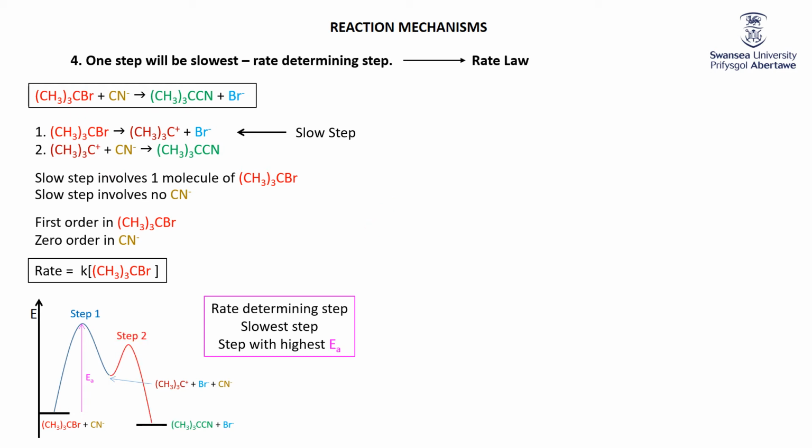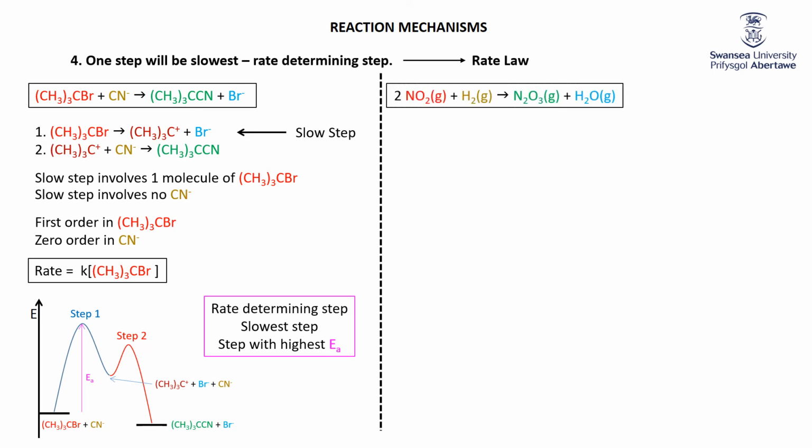So it's a little hump for step two that goes down to the products. But step one, the slow step, has the highest activation energy, is the highest hump. Think of a roller coaster here. You haul the car up to the highest point, and then it lets go, and it's got enough energy to take it down over the second step. The first step has the highest activation energy, if that first step is the slow step.